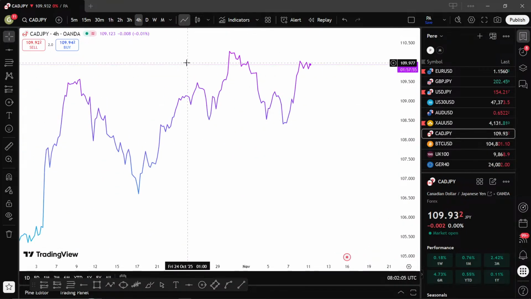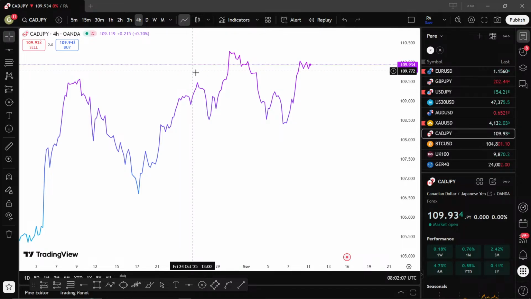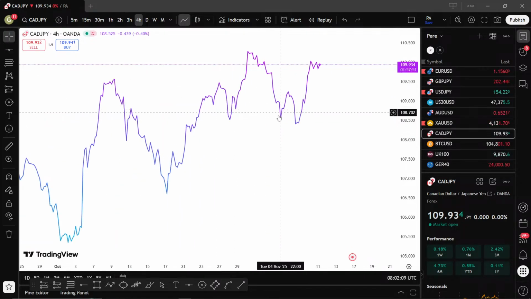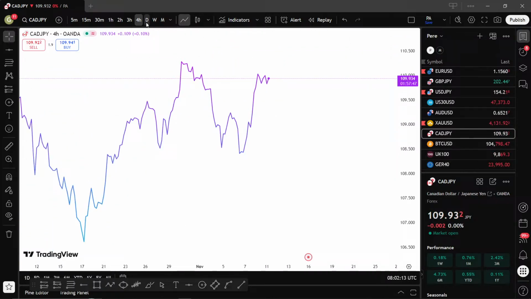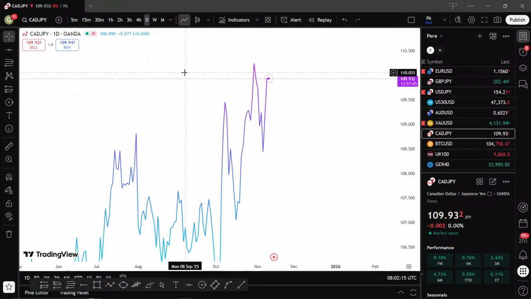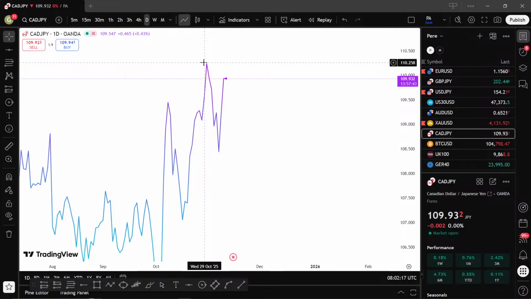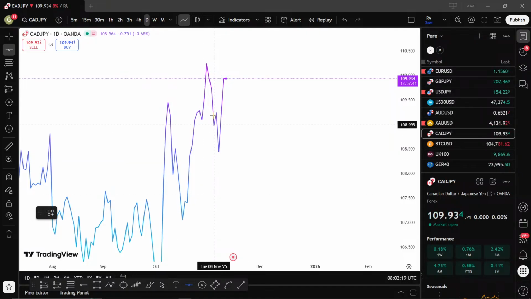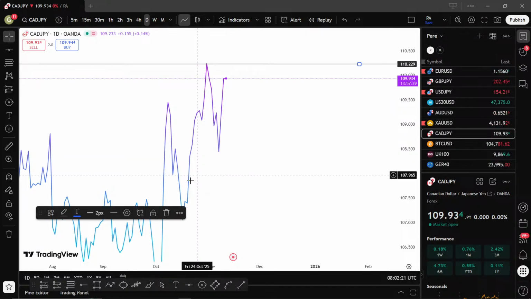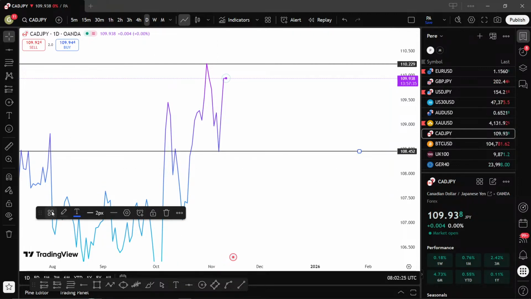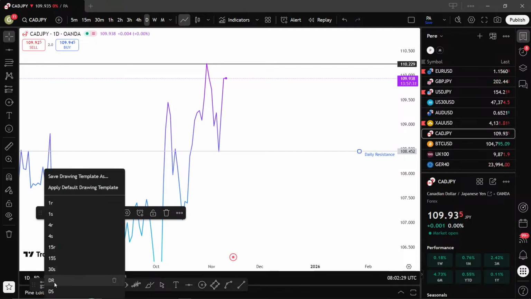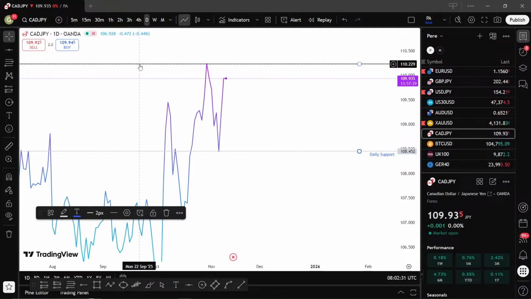This CAD JPY. Let me go over to the daily time frame to observe something. So our daily levels.